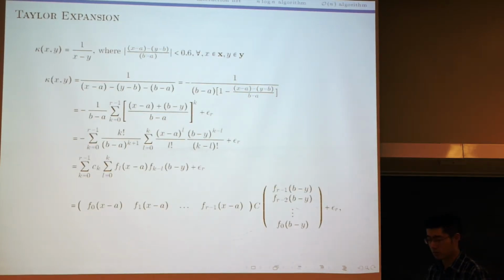If we have two well separated sets, then we can show that we can approximate the kernel function accurately using Taylor expansion.